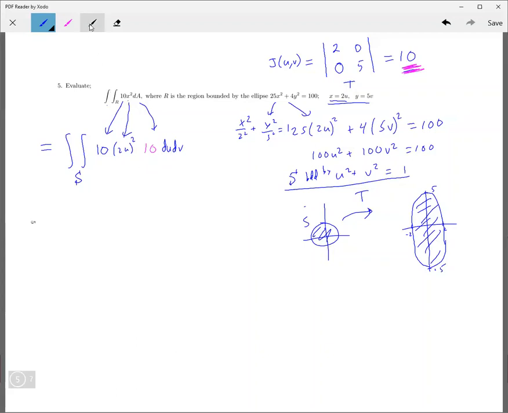Okay, so now, of course, at this point you're integrating over the inside of a circle, right? So you're going to just switch to polar coordinates. I guess we could have done polar coordinates from the beginning. To get the circle, r is going to go between 0 and 1, and theta is going to go from 0 to 2 pi. That gives you the whole circle.